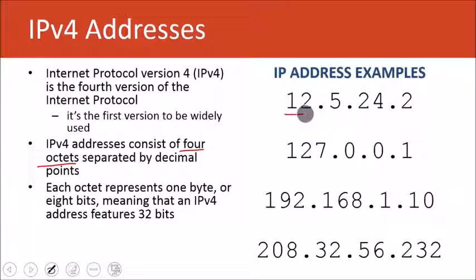So you've got 1, 2, 3, 4. We have 4 different examples here. Each has 4 octets. Each octet is separated by a decimal point. You may refer to it as a period, but call it a decimal for this sake. Each octet represents 1 byte, or 8 bits, meaning that an IPv4 address features 32 bits.